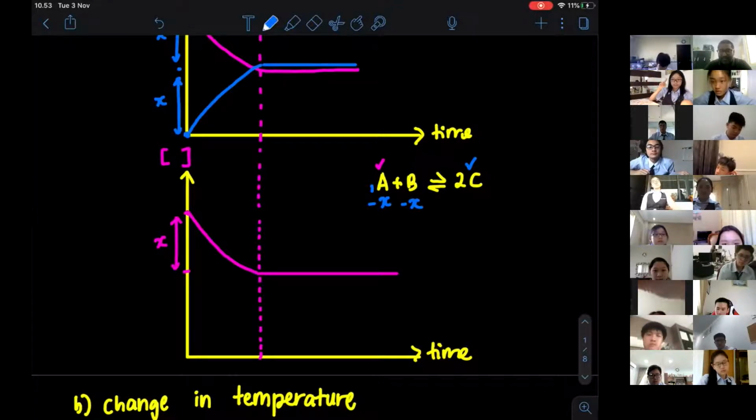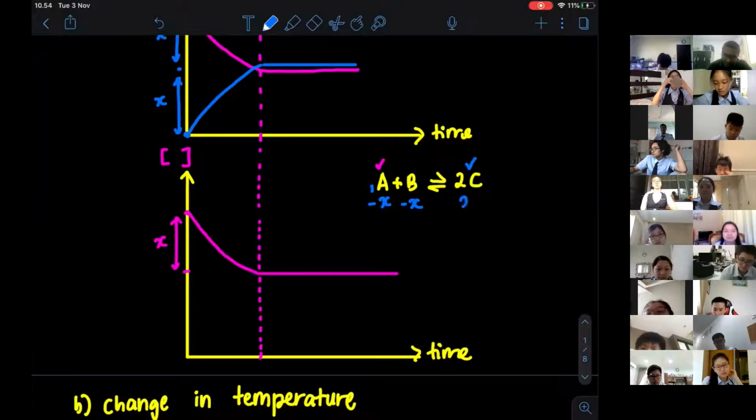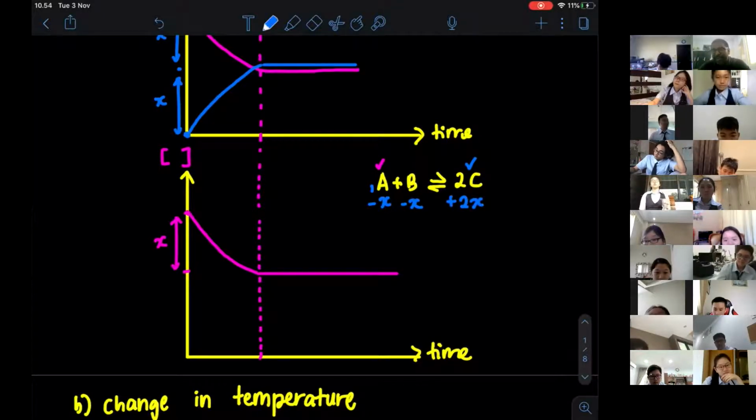If there is a decrease by X unit, how many increase do you expect for C? Yeah, double. Increase by 2 times because of the 1 to 2, similar to what we have learned with the stoichiometric equation.